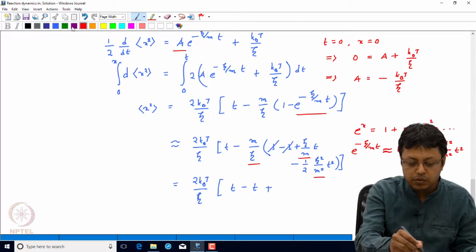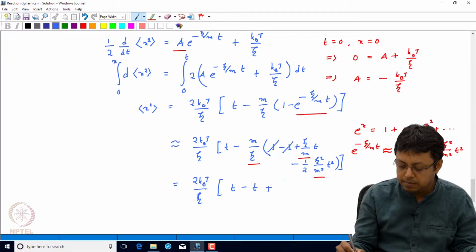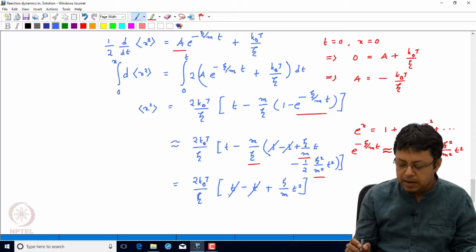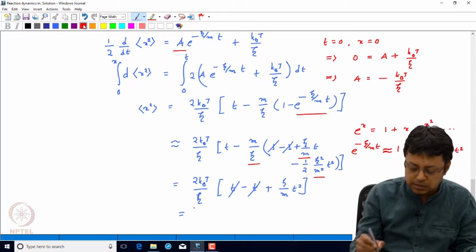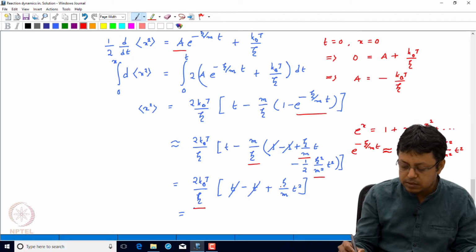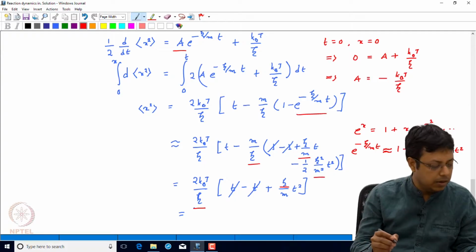So I will be left with one zeta by m times t squared. So this t will again get cancelled. Ultimately we have another zeta that gets cancelled with this zeta, as you can see, this one and this one get cancelled.